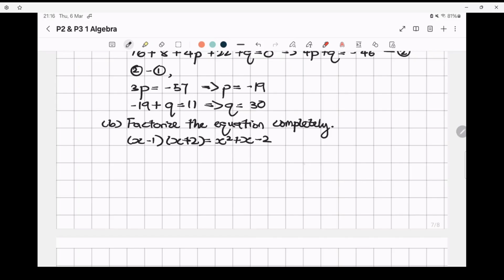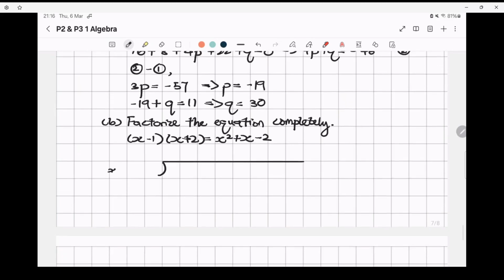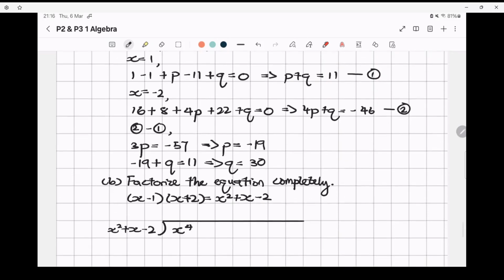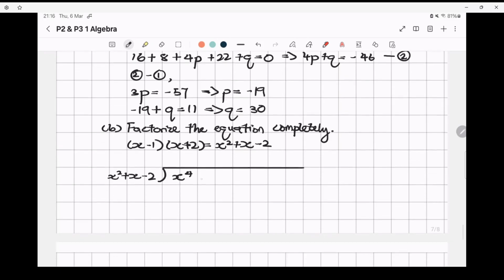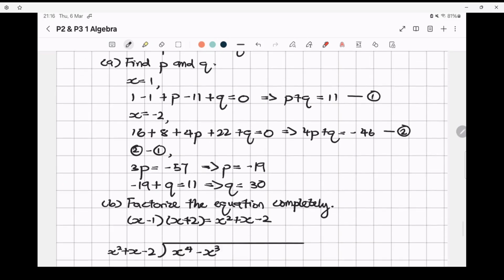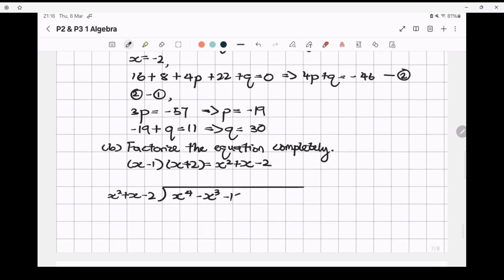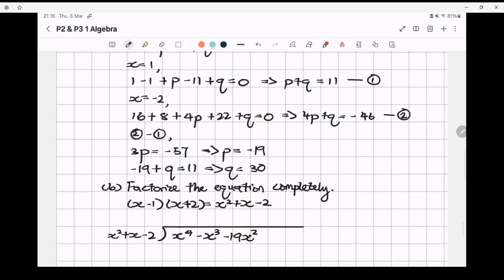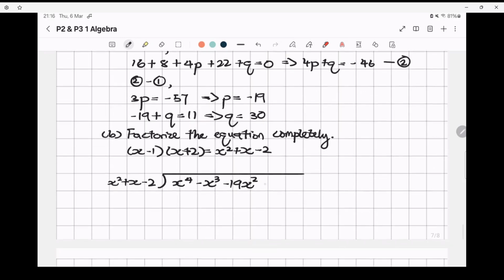Probably not enough space. So over here you have x squared plus x minus 2. Whole equation is x to the power of 4 minus x to the power of 3 minus 19x squared minus 11x.